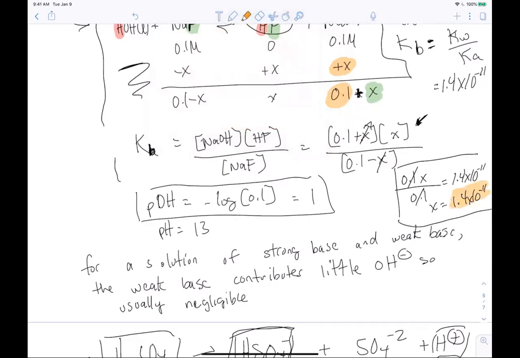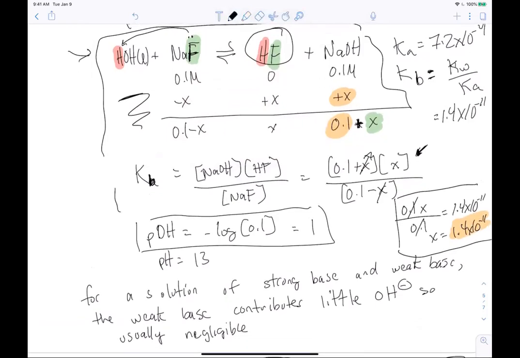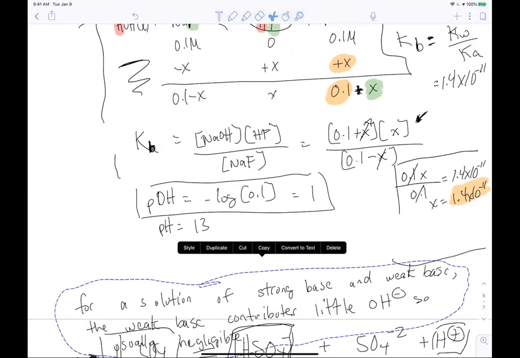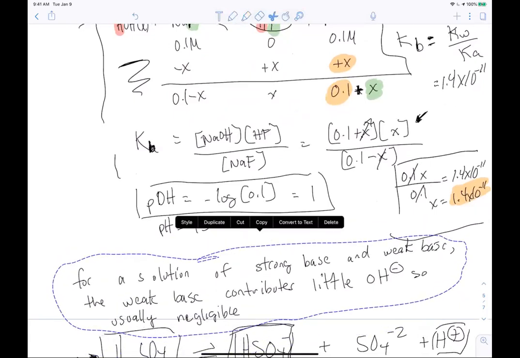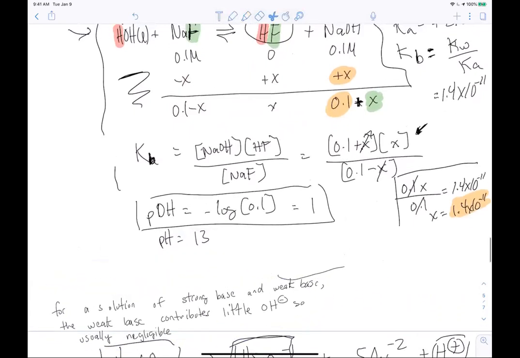And then I come back and compare it to these other numbers that I made the approximation for. So in my above equation, I was saying 0.1 plus x is approximately 0.1, and 0.1 minus x is approximately 0.1.